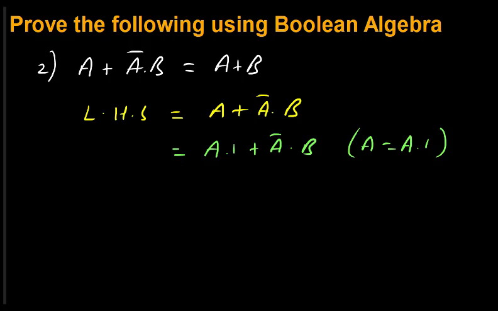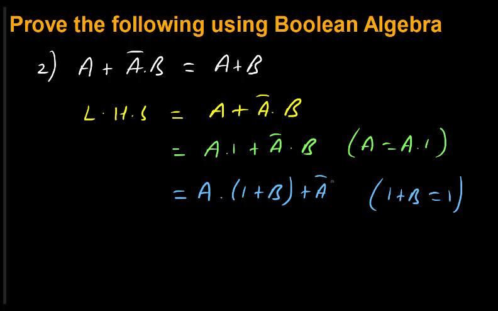Then next what we do, we write this one actually as 1 or B, because 1 or B is 1. So we can replace this. We open the brackets now.